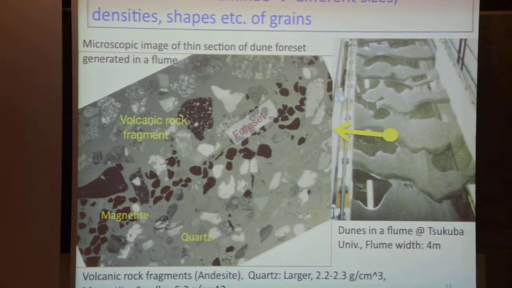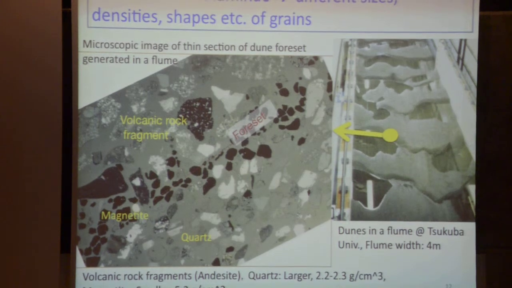These densities are almost 5 grams per cubic centimeter, and these large ones are volcanic rock fragments, and these white things are quartz, and all these are larger and 2.2 or 2.3 grams per cubic centimeter.